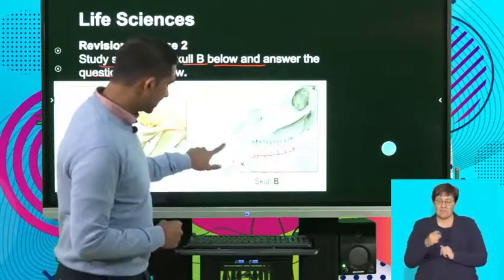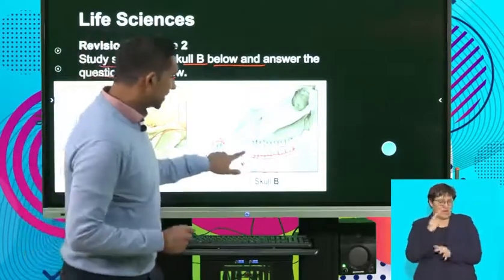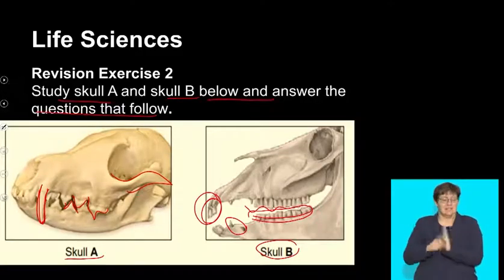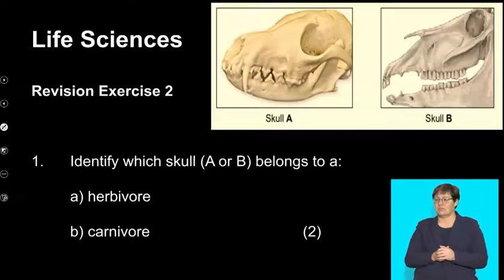And so you can see that the incisors help them to bite off leaves and grass, and the molars and premolars, which are well developed for chewing and grinding of that plant diet. And that's essentially what you should be able to identify when comparing the skulls of different consumers. So let's move on to a few questions based on this.